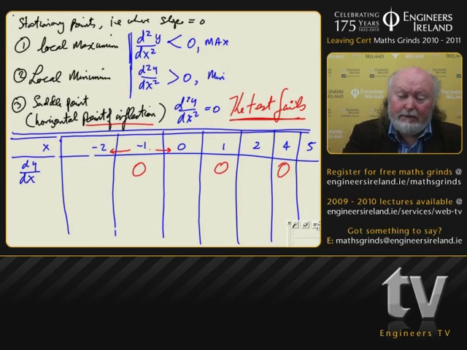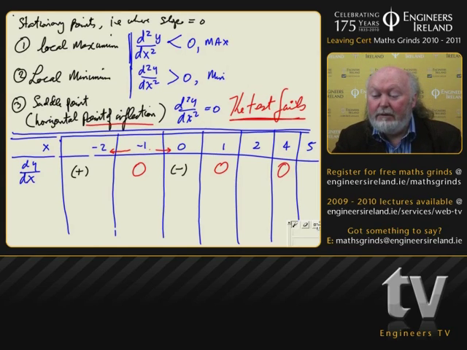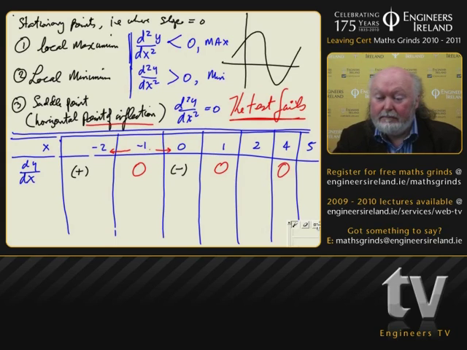Now, if this slope is positive here, and if it's negative here, we can go back to our little graph again. What we knew was it starts positive.